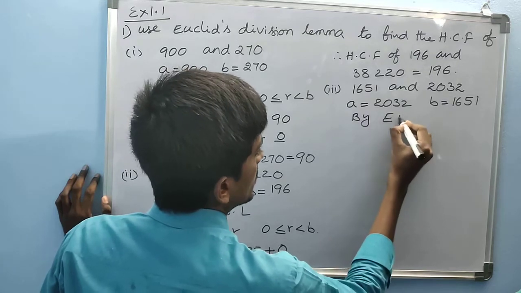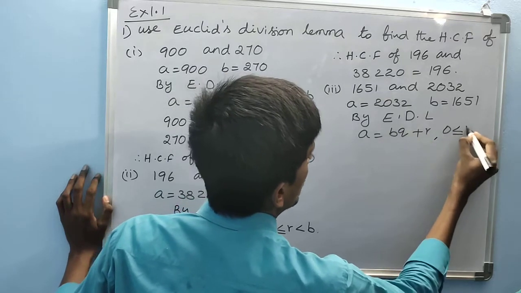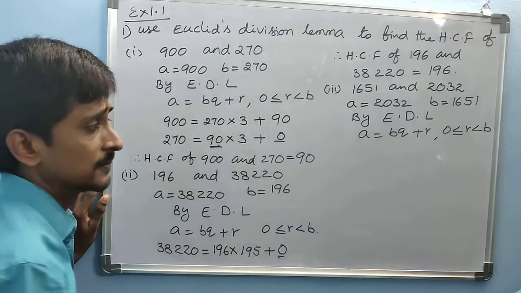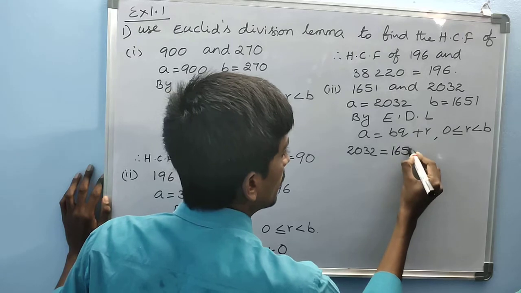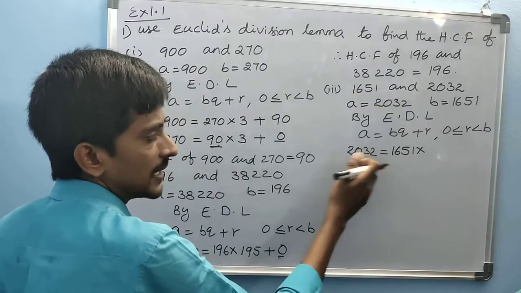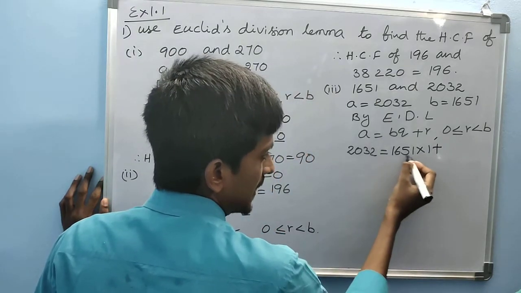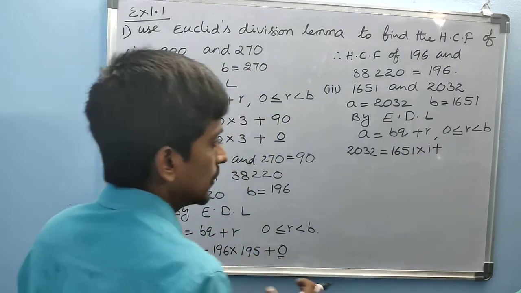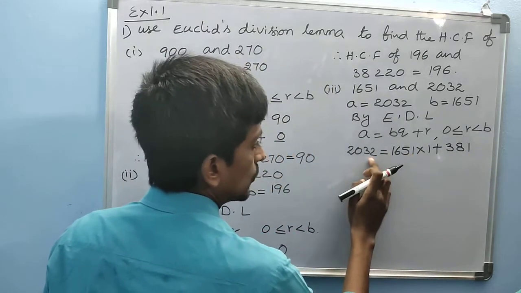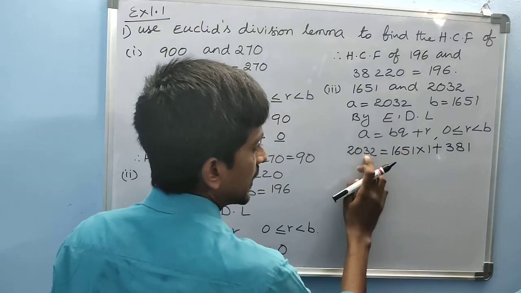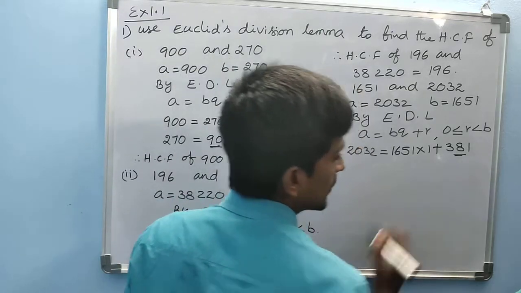By Euclid's division lemma, A equals BQ plus R, 0 less than or equal to R less than B. 2032 equals 1651 into only one time, plus 2032 minus 1651, which equals 381. So R is not equal to 0.